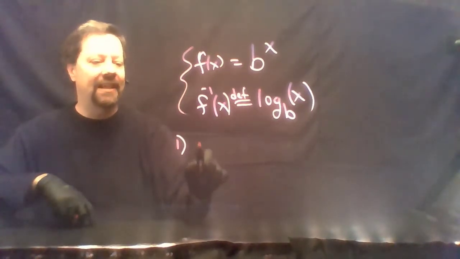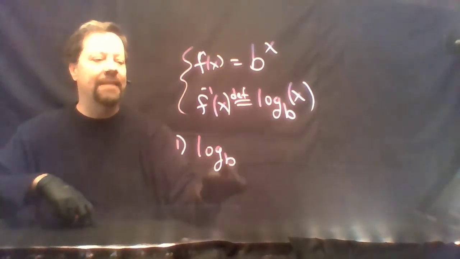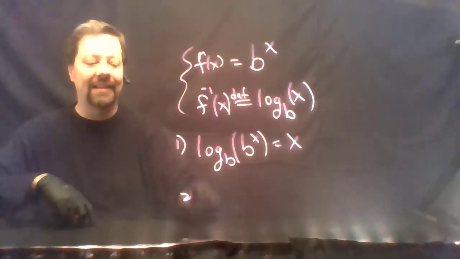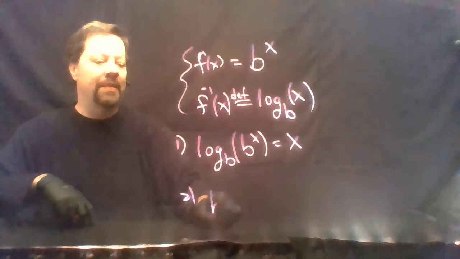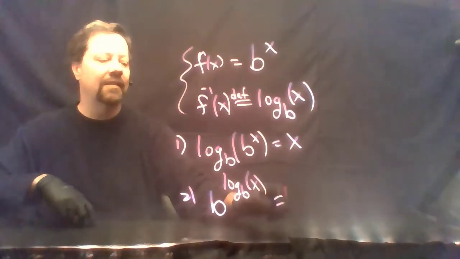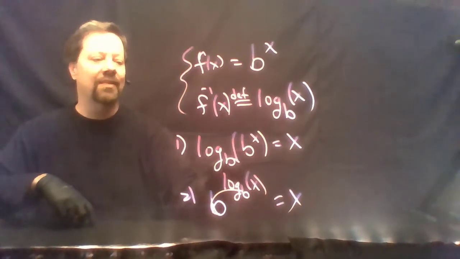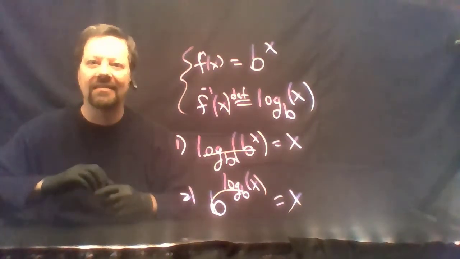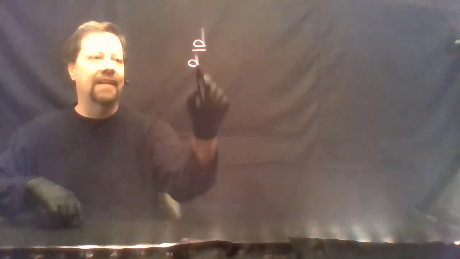If I take log base b of b to the power of x, I get x, and b to the power of log base b of x is x. So these things cancel each other out in this fashion. We already have the following two facts.